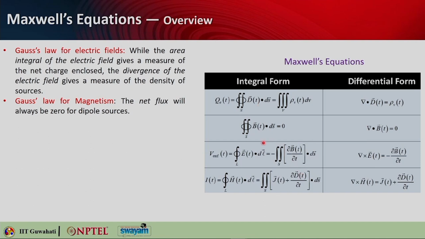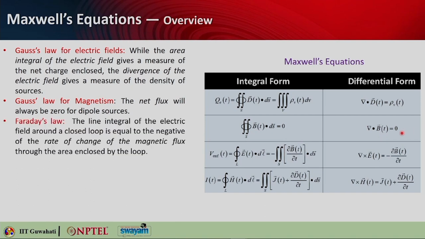The second one is the Gauss law of magnetism. It tells you that the net flux will always be zero for dipole sources. In a magnetic field, the poles cannot be separated, so they always remain as dipoles, and there you will see that the divergence of the magnetic flux density is zero.